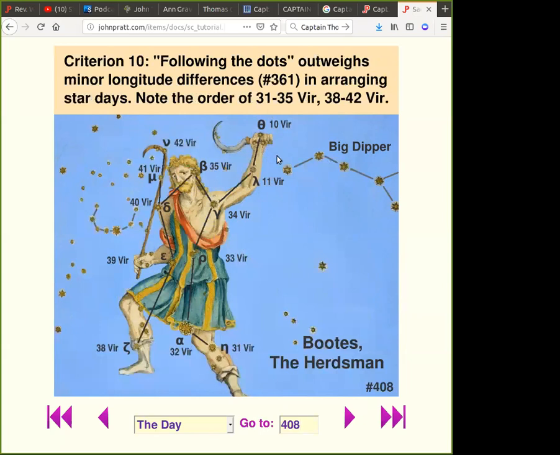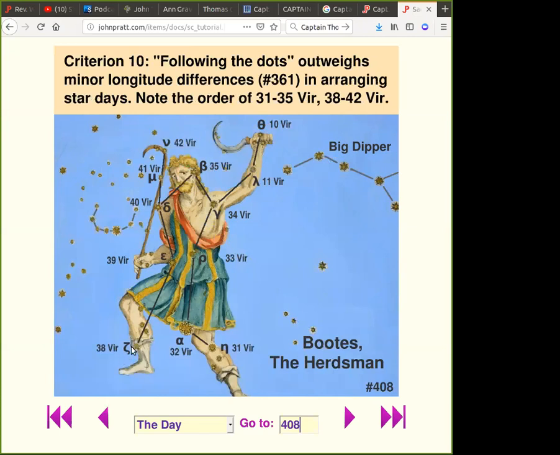So in these, here you have 31, 32, 33, and 34 Virgo. So you put your pencil here. I'd like to make a coloring book, a follow the dots, connect the dots book. And so these 2 stars were first, 10 and 11 Virgo, and then 31 to 34.